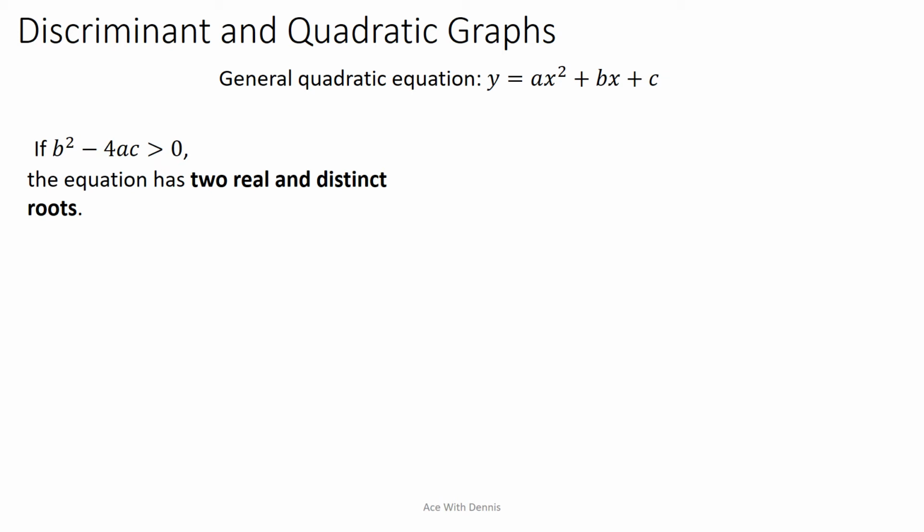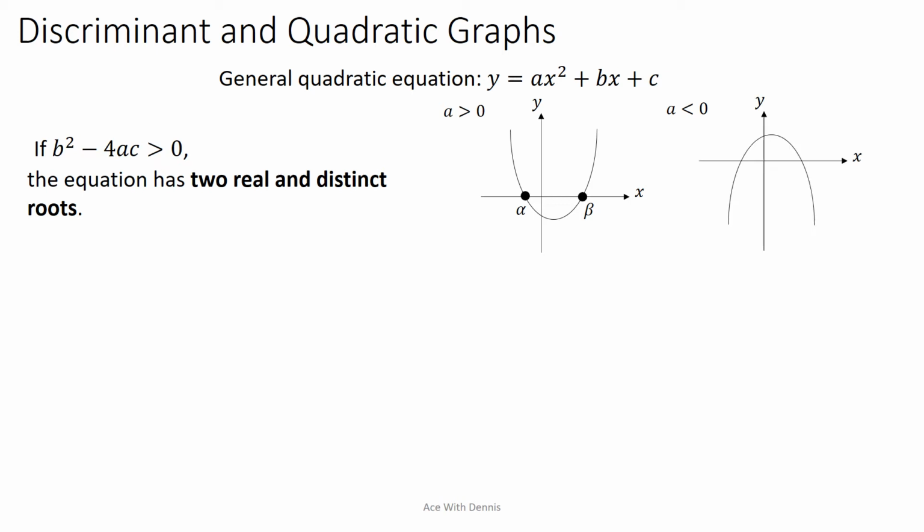So if we plot the graph, for a greater than 0, we get this quadratic graph intersecting the x-axis at two distinct points, alpha and beta. If a is less than 0, the quadratic graph will also intersect the x-axis at two distinct points, alpha and beta.